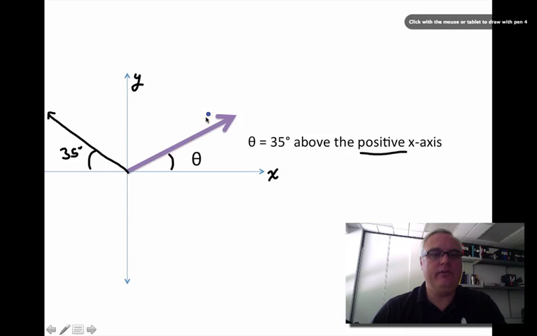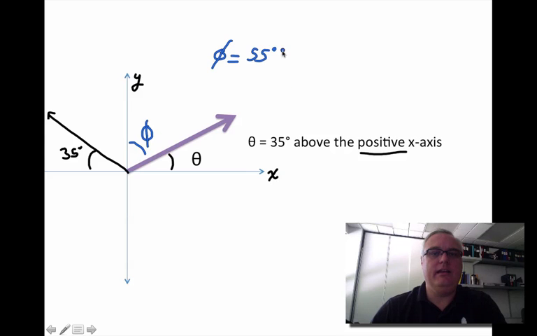Now, we can also give the direction of this vector using this angle in here, which I'm going to label phi. So this angle obviously is 90 minus 35, so I would write phi is an angle of 55 degrees, and it's to the right of the positive y-axis.